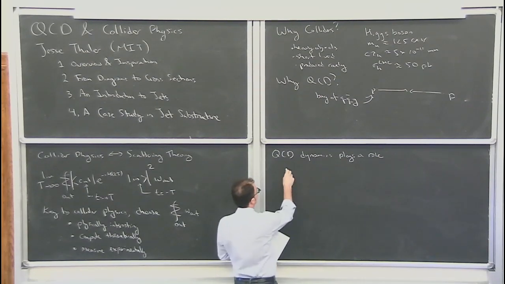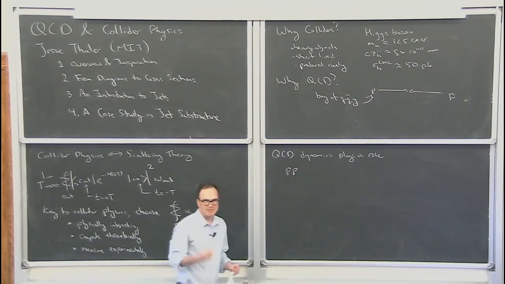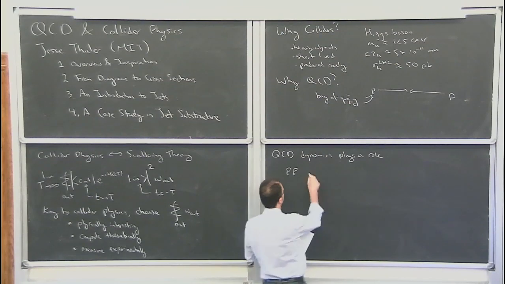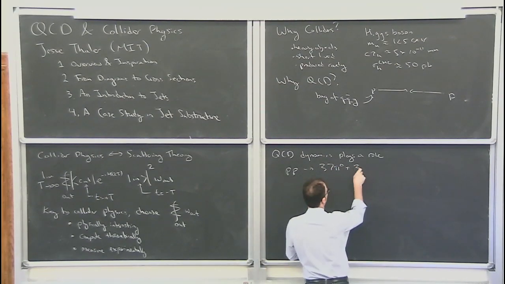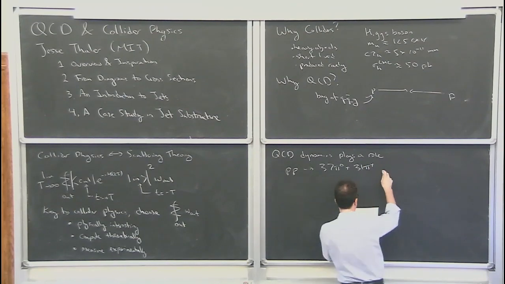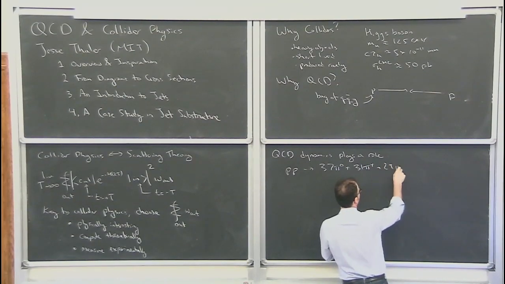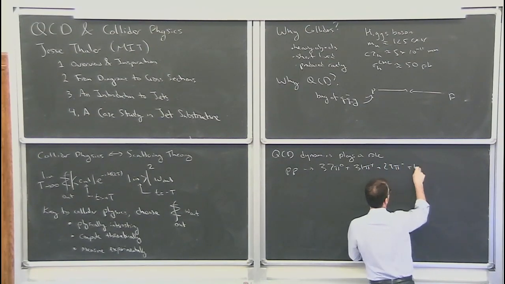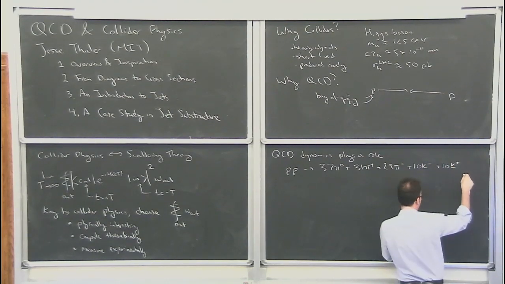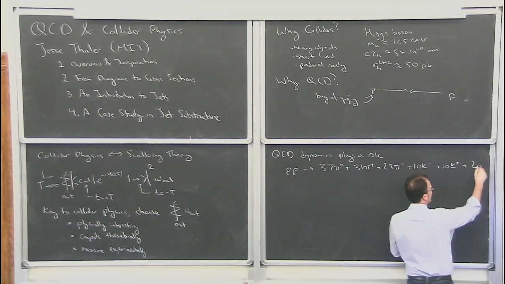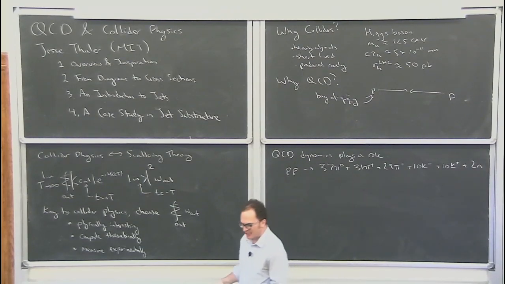So let's say you asked, tell me, when I slam together protons, how often do I get 37 neutral pions, 31 positively charged pions, 29 negatively charged pions, 10 negatively charged kaons, 10 positively charged kaons, and 2 neutrons? What is the probability of that?